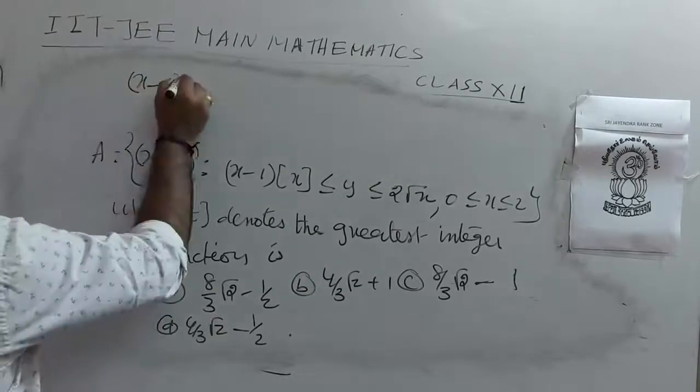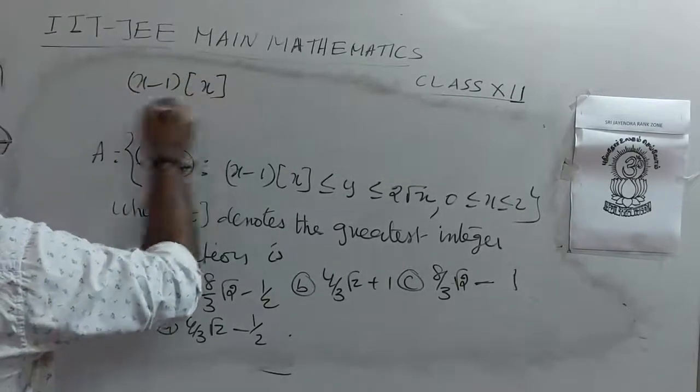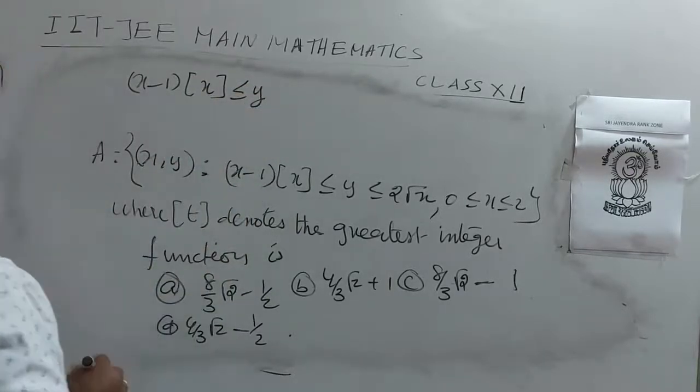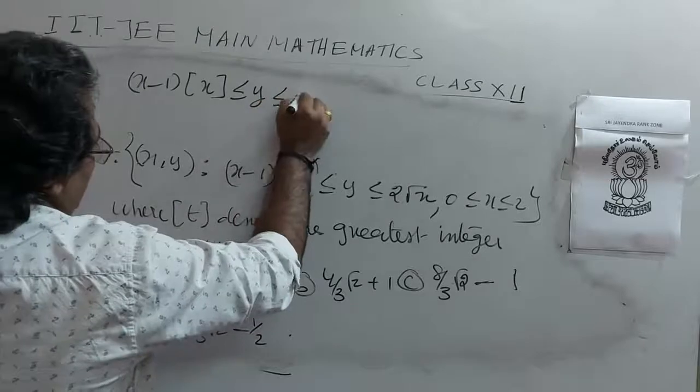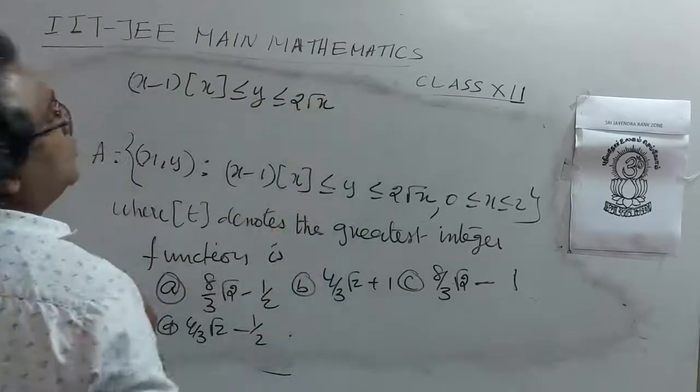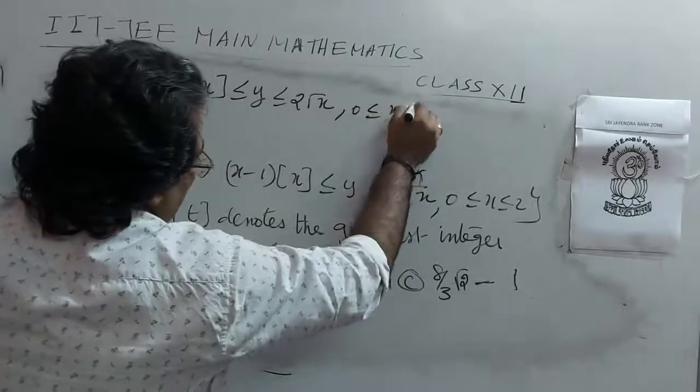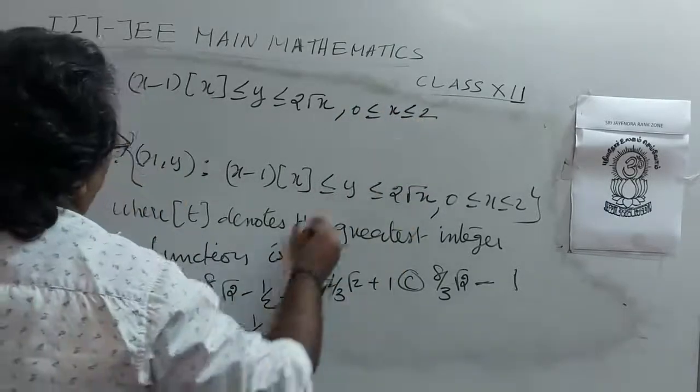X minus the integer part of x is less than or equal to y less than or equal to 2 root x, 0 less than or equal to x less than or equal to 2.